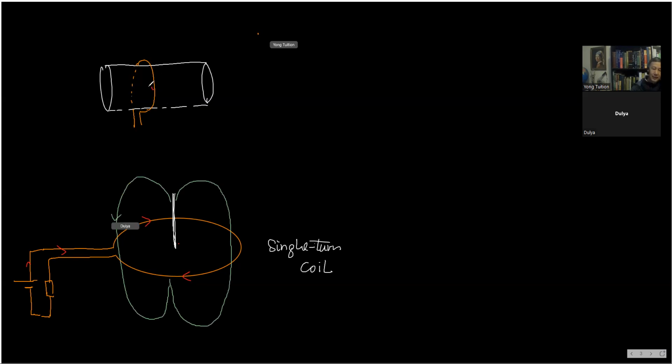So the field lines go in that direction, and they become complete circles. Everywhere they become complete circles. Can you see?